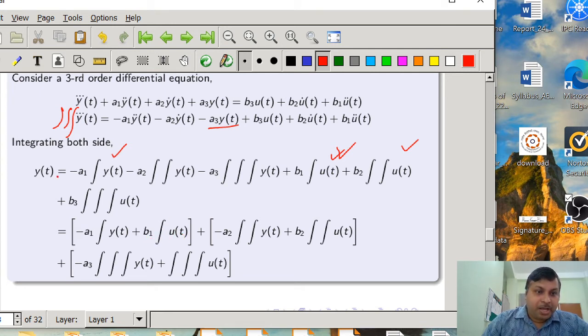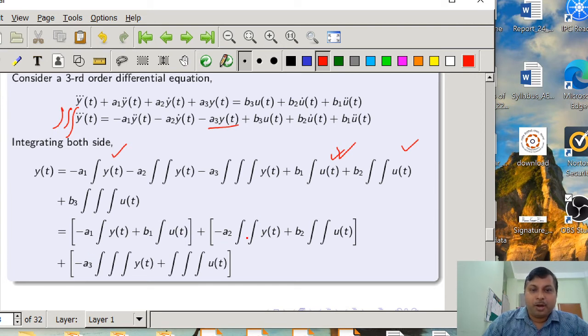So now if we want to implement y(t) starting with u(t), these are the variables related with these equations. So first, try to understand that minus a1 into y(t) plus b1 into u(t) has to be integrated one time.